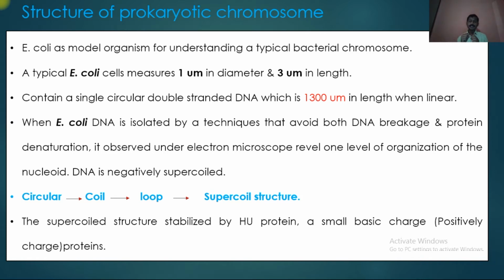The DNA wraps around the histone protein. Such histone-like protein is also present in a prokaryotic cell, which wraps the DNA molecule and stabilizes the supercoil structure of the prokaryotic chromosome.